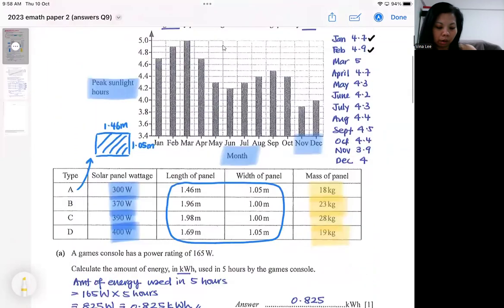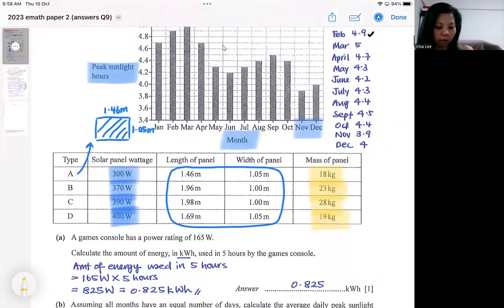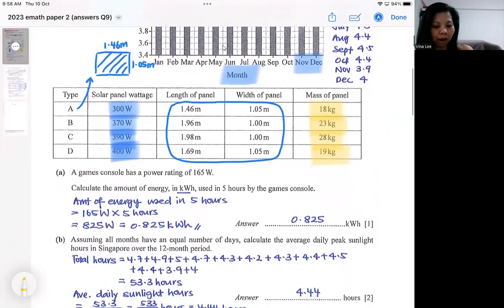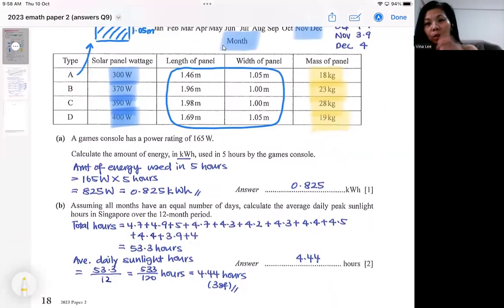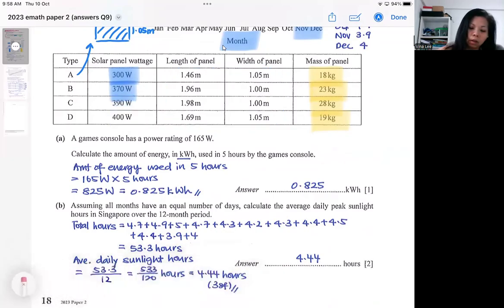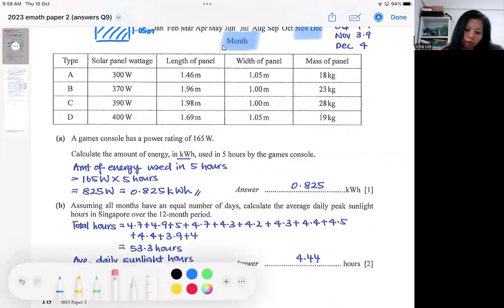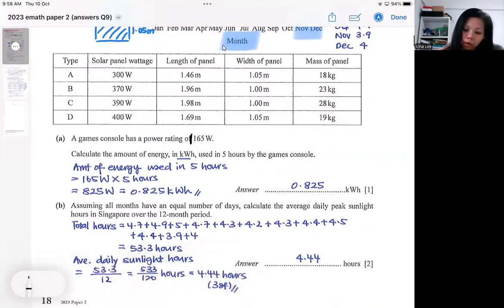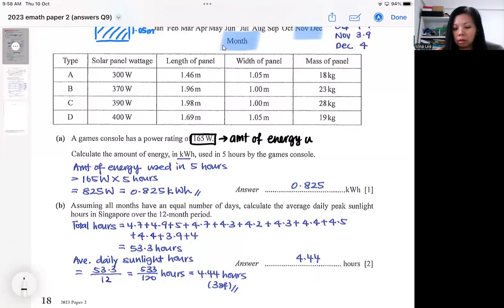Okay, we will try to answer the question first. Usually the first 2 parts of the question are meant to help you in the final part. For example, part A: a game console has a power rating of 165 watt. If you recall, the power rating is the amount of energy used in 1 hour.